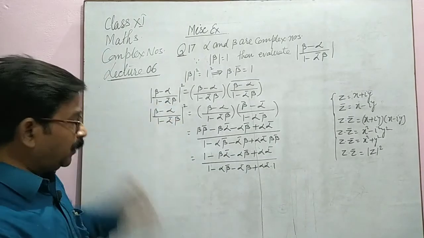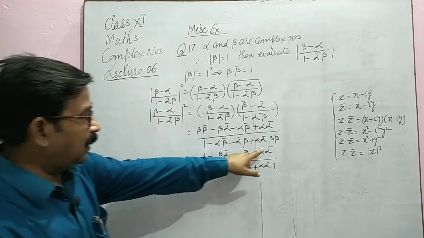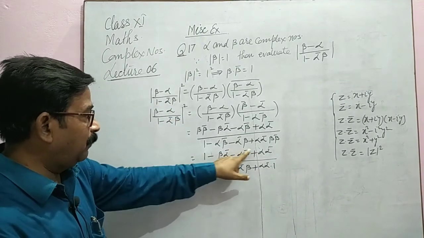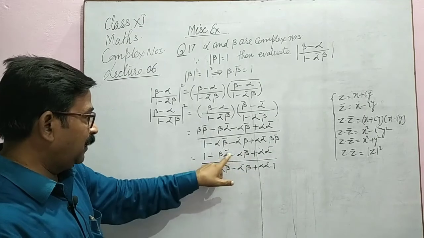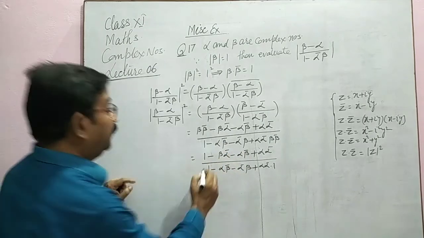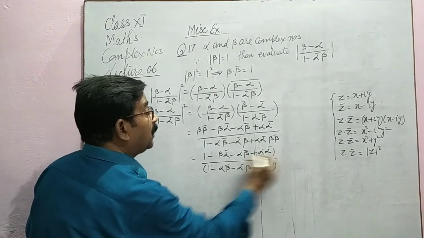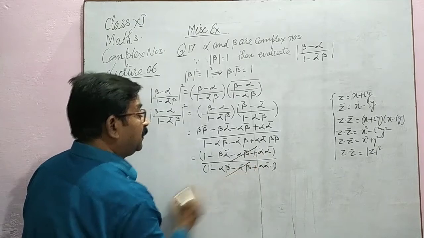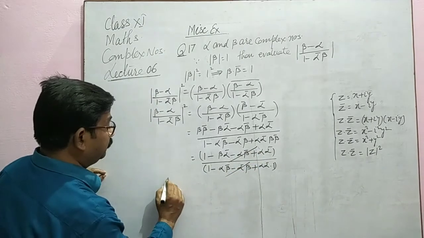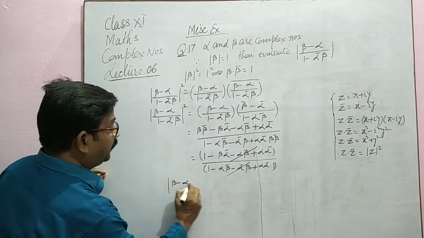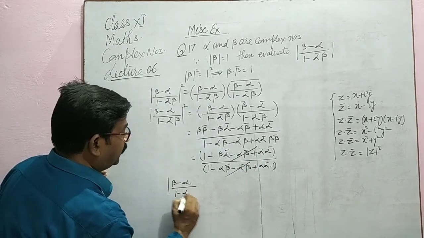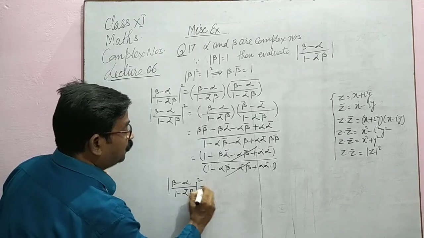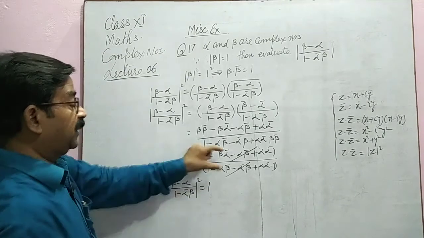Check the numerator and denominator: here alpha alpha bar, alpha beta bar, beta alpha bar, 1, so the denominator and numerator have the same terms. So this will be cancelled. Beta minus alpha upon 1 minus alpha bar beta whole square is equal to 1. Total cancelled.